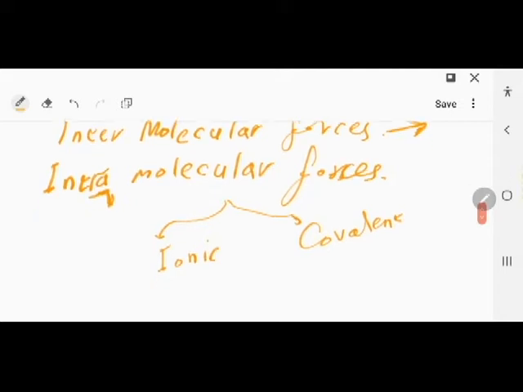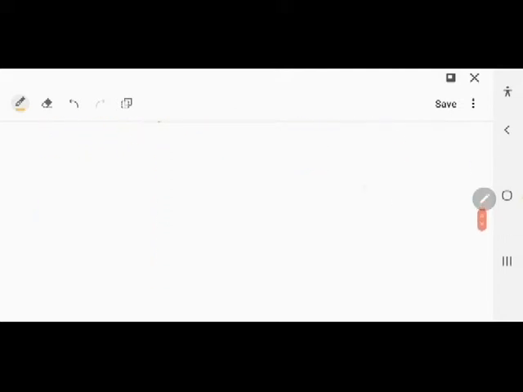So for example, if we have H2O, this is water. The covalent bond between O and H is an intramolecular force.